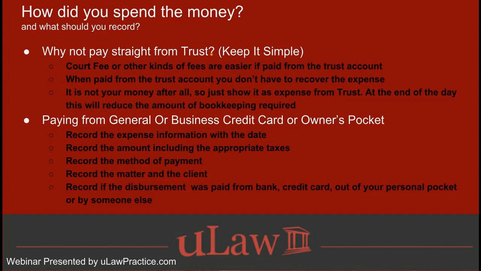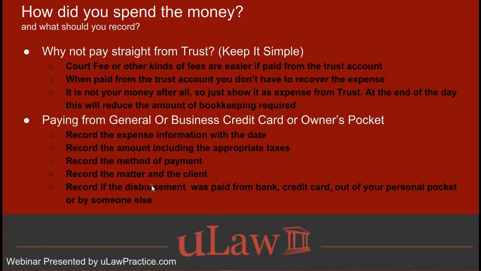So there's a bit of that risk factor, but then there's that risk reward that you have to contemplate and determine. But if you're paying from the general account, again, we're reiterating the important steps that need to be taken. Record the expense information with the date, with the appropriate taxes, the method of payment, because you have to now recover this through an invoice. You obviously need to do those extra bookkeeping steps, right?